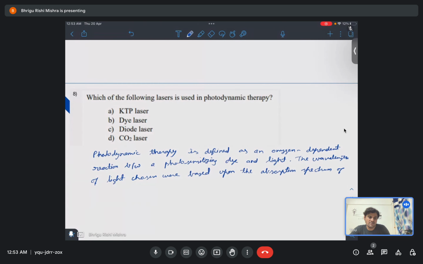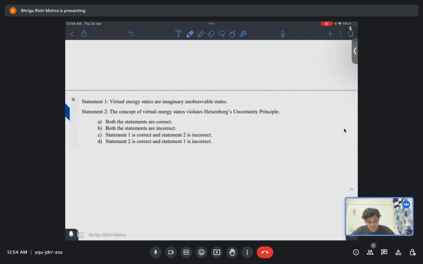In this case, the system is our body organs, so generally it is 400 to 800 nanometer wavelength visible light. As mentioned here, photosensitizing dye, you need a dye which sensitizes to the light. So generally dye laser is used. Currently diode laser is also being explored, but dye laser is used in cancer photodynamic therapy and all. So yeah, it's done.